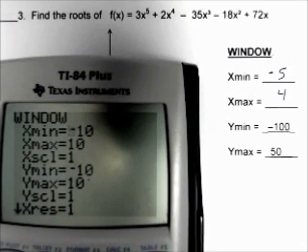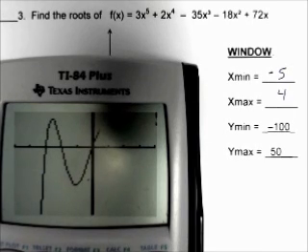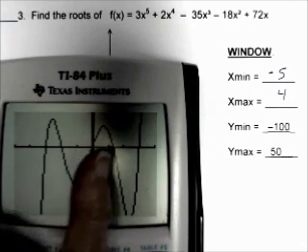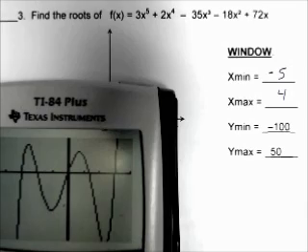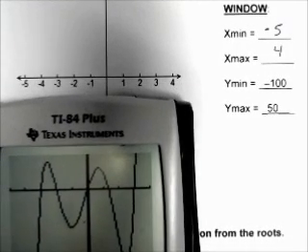Window, x min -5, max 4, y min -100, and max 50. And we can see 1, 2, 3, 4, 5 distinct points of intersection. What are they?